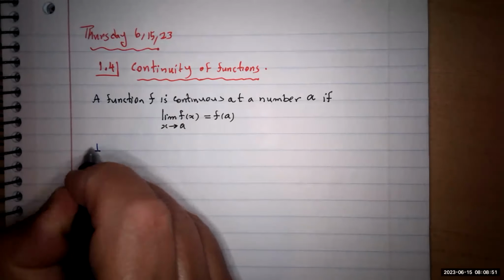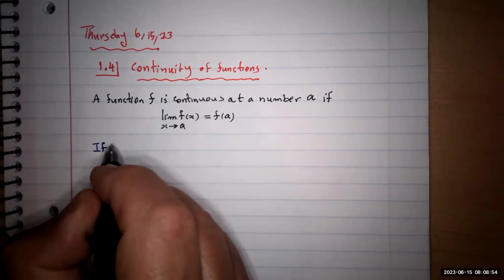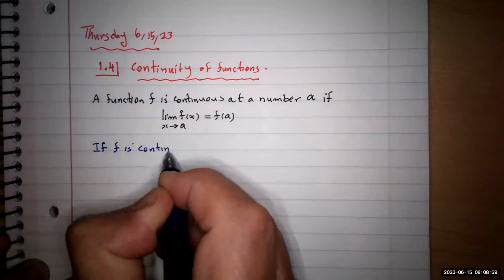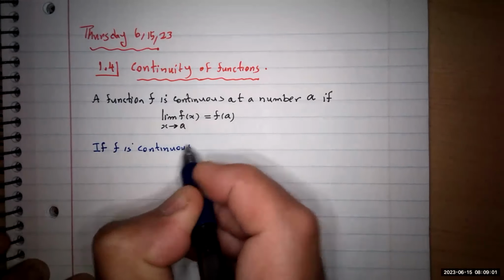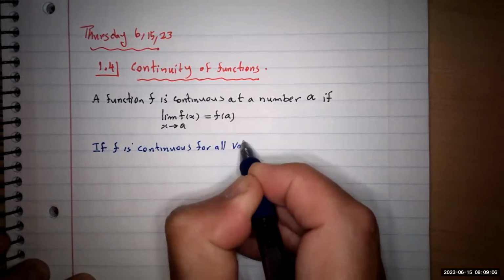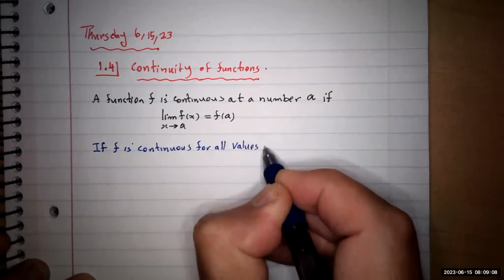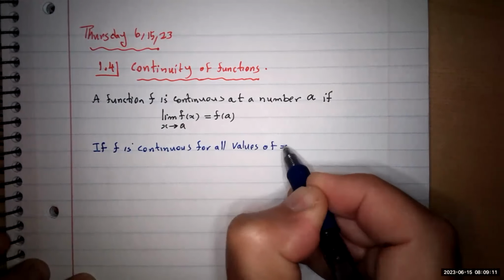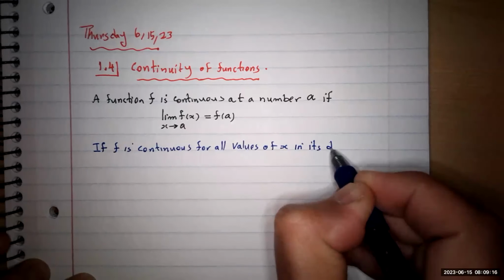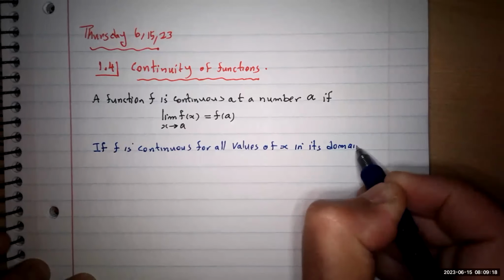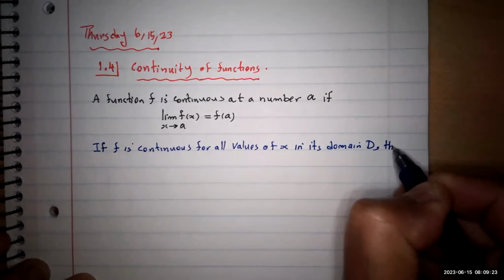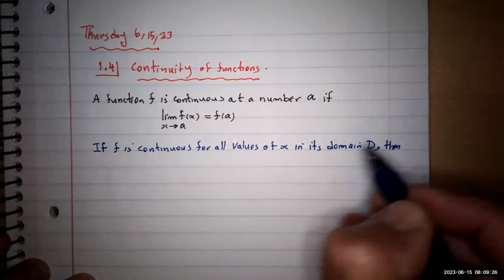Okay, so if we can do this forever, if f is continuous for all values of the variable x in its domain, domain D, the domain of the function, then we say the function is continuous on its domain.